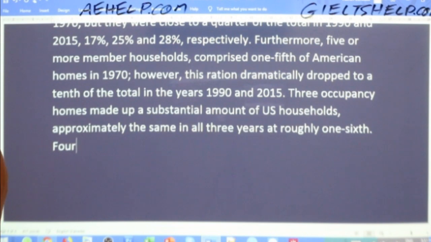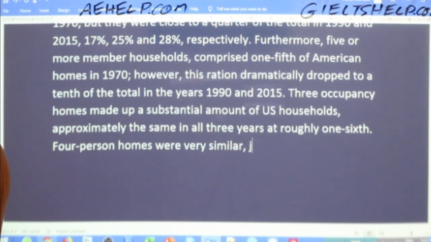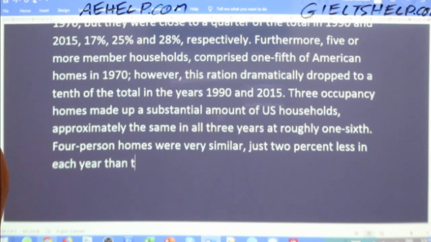For 4 person homes, paraphrasing as much as possible, were very similar, just 2% less in each year than 3-person homes.